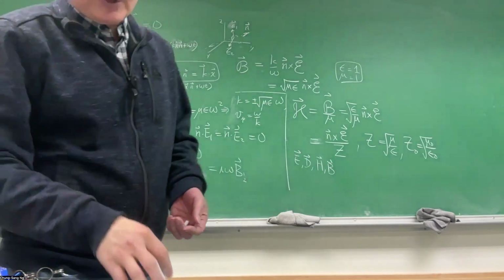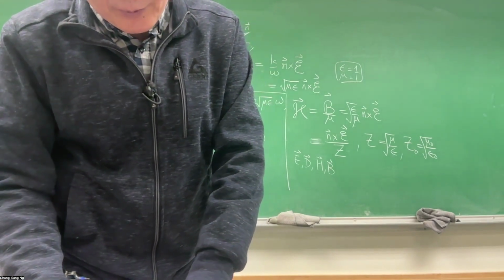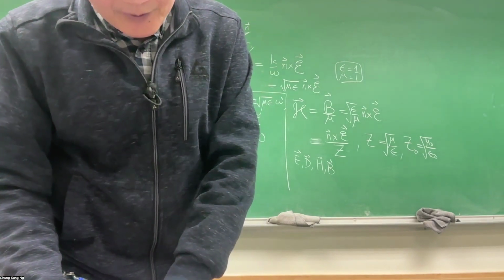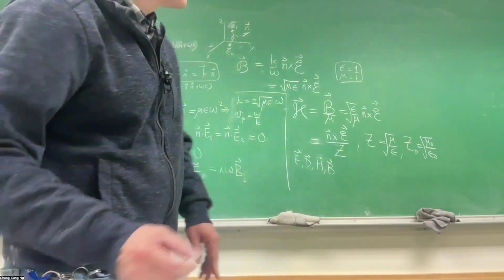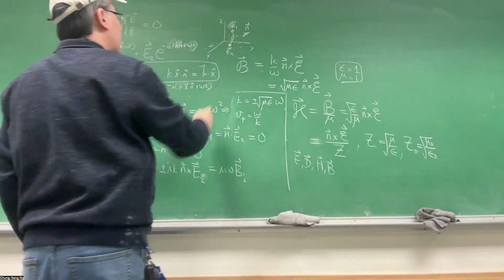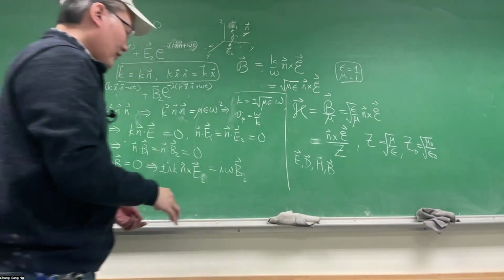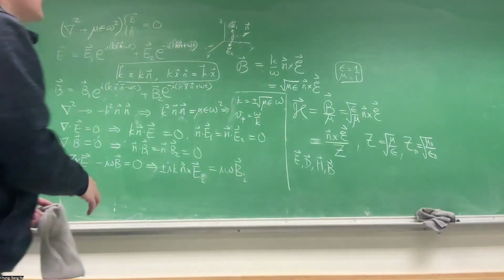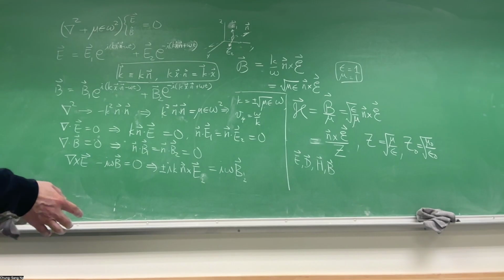And then we can express what we call the polarization, or the magnitude of the electric field, in these unit vectors. And we define that because later on we use it to analyze different kinds of polarization.